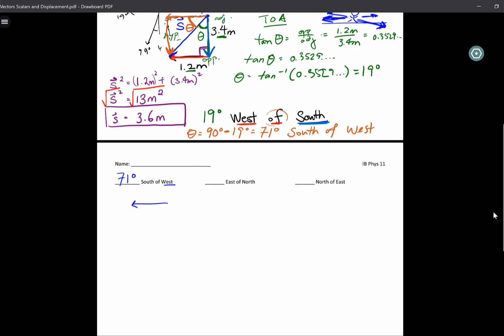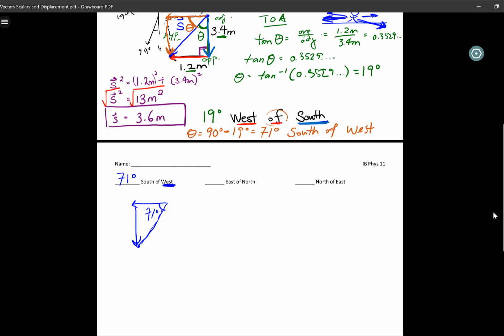We flip the order, so that's first, west, and then we go south. Bam, okay? And then the angle is whatever triangle that we have. This angle from our starting point to our ending point. So that's 71 degrees.